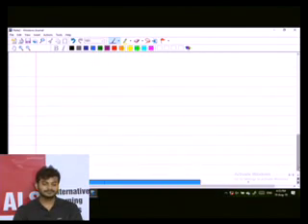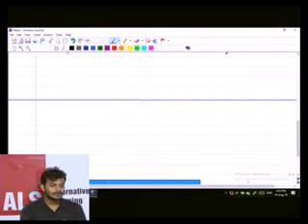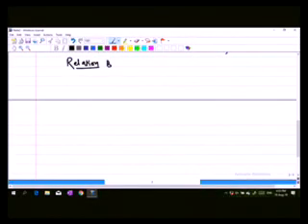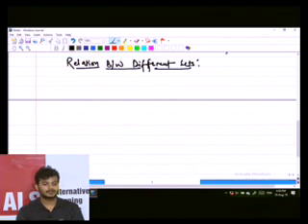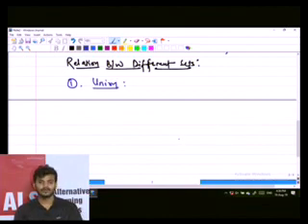Next is, first of all, the relation between different sets. First one is union of two sets.